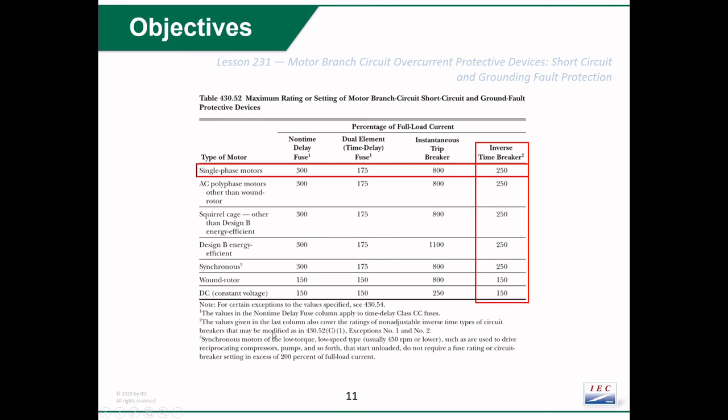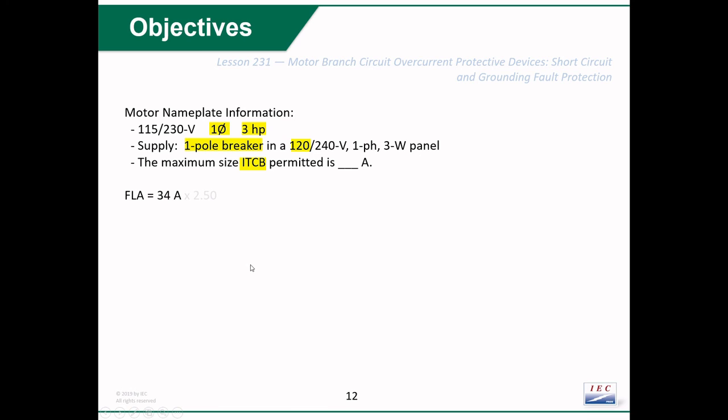Notice until you get down here to these wound rotor and DC motors, the percentages are pretty much constant across the board, especially for single phase and AC polyphase, which is 3-phase. So for our purposes, the row is not too big of a deal. But regardless, we get 250%. So we need to come back here and multiply our 34 amps by 250%. Pretty simple. That comes out to be 85 amps.